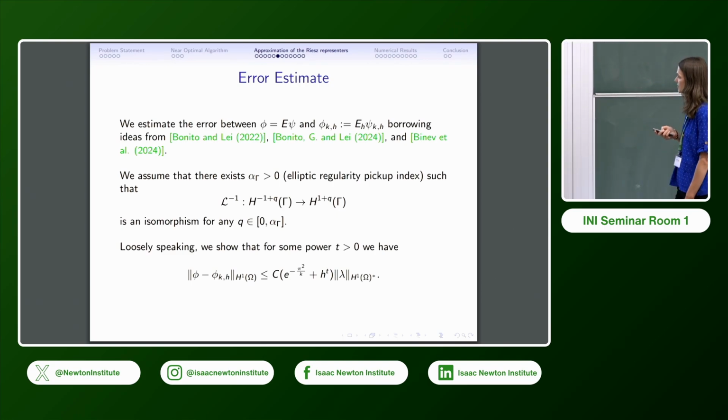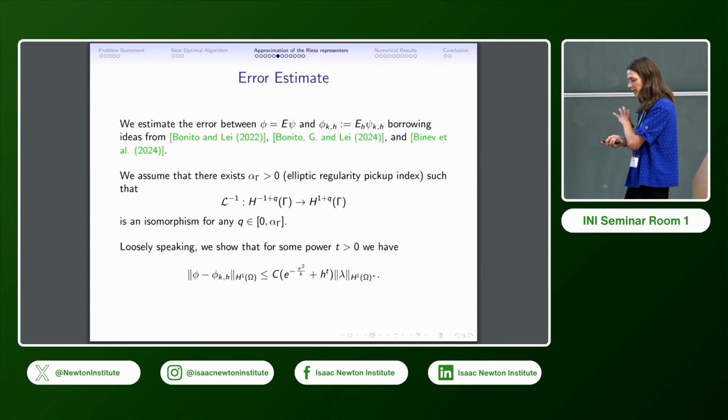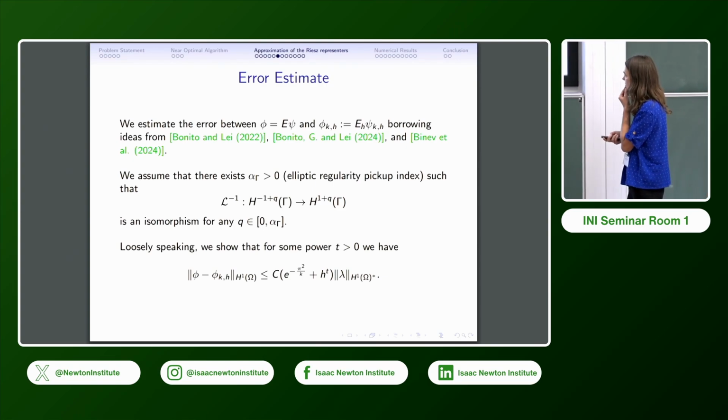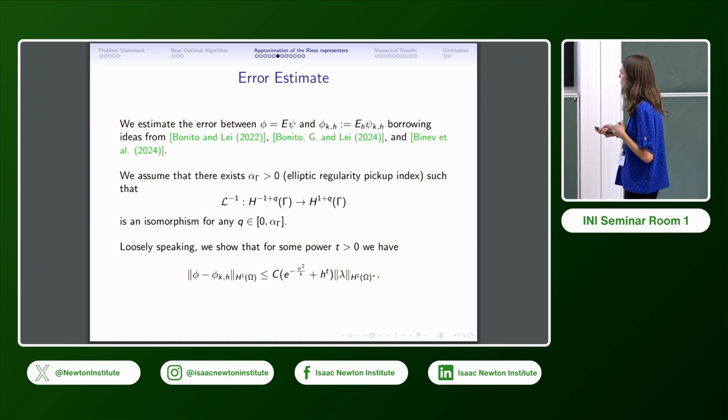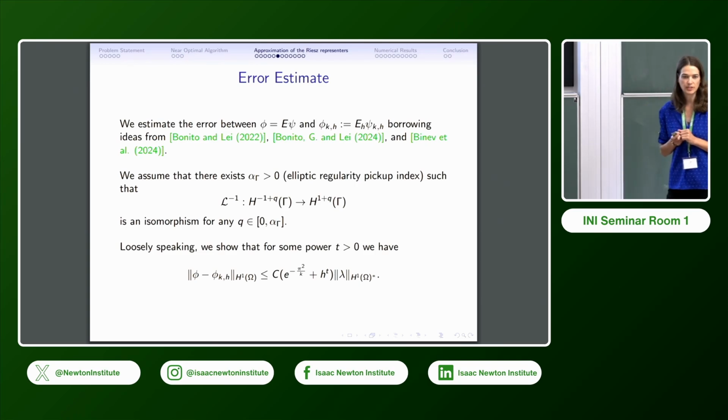Okay, and so basically I will give a little bit of detail after that, or maybe not too much, but the key point is this result here, which is not precisely stated here, but basically the error between the exact Ritz representer and its approximation is bounded by this quantity here.